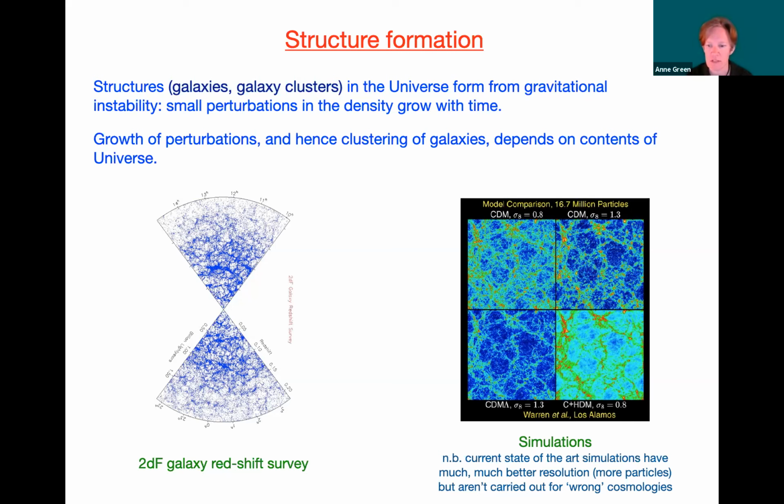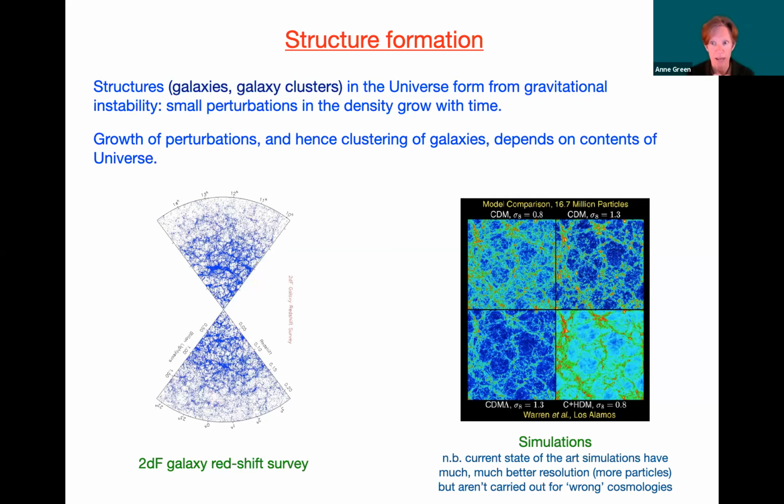And then the bottom right, this is a mixture of cold and hot dark matter. As I'll explain in a bit more detail in a moment, the hot dark matter, because it's relativistic, if you have an overdensity of hot dark matter, the particles can stream out of it, erasing the overdensity.